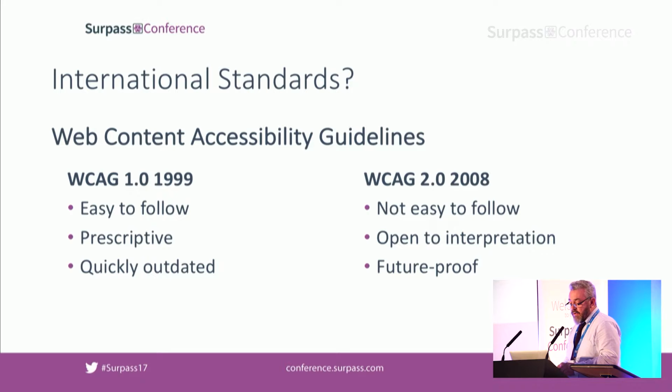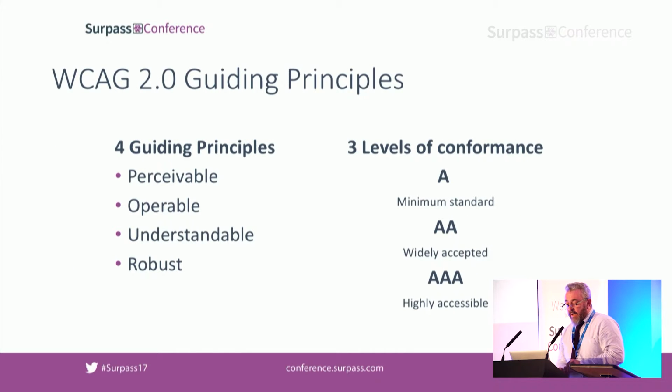And so along came version 2. It's not easy to follow, and it's been a challenging journey for me personally to understand and implement WCAG. But once you get your head around it, it's actually very, very clever and hopefully future-proof. It's based on 4 guiding principles: perceivable, operable, understandable, and robust.